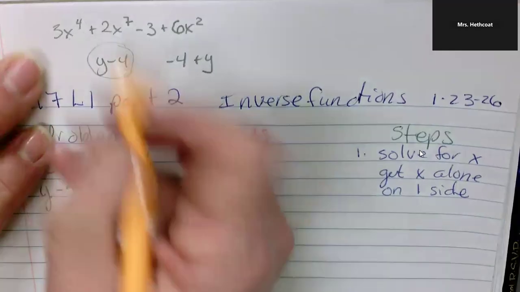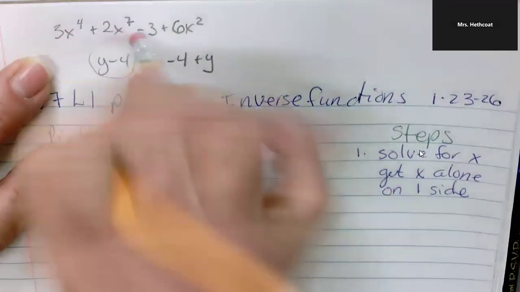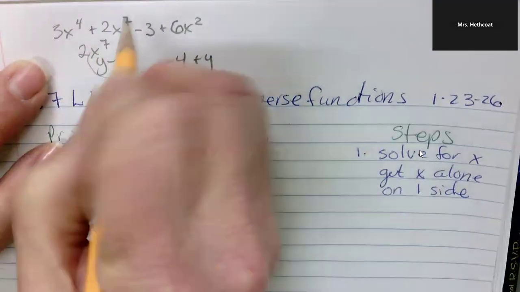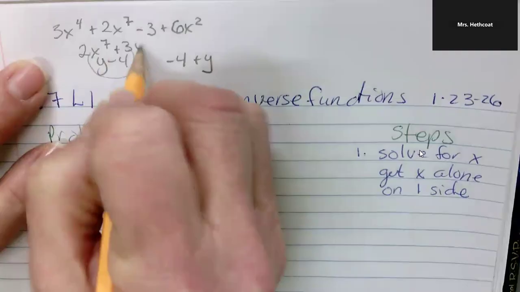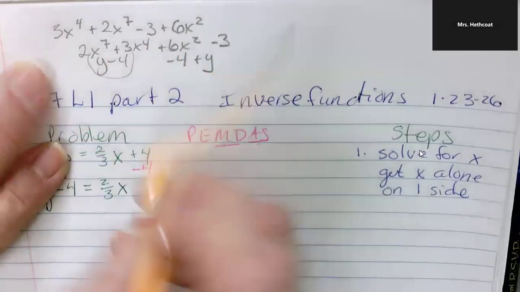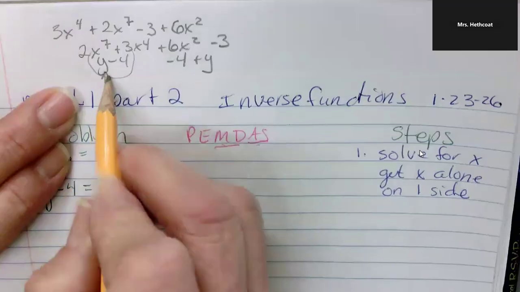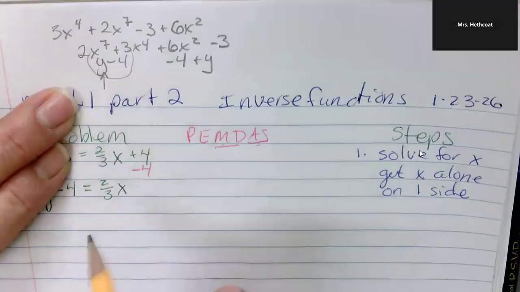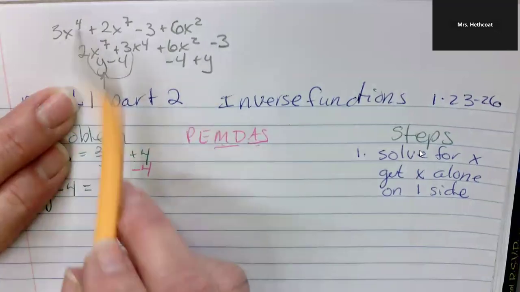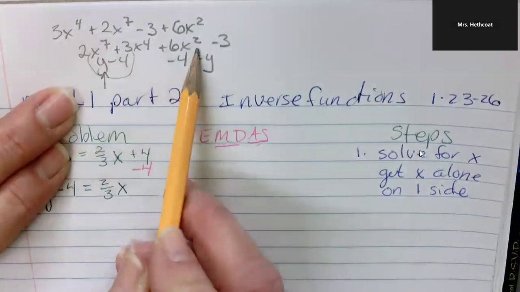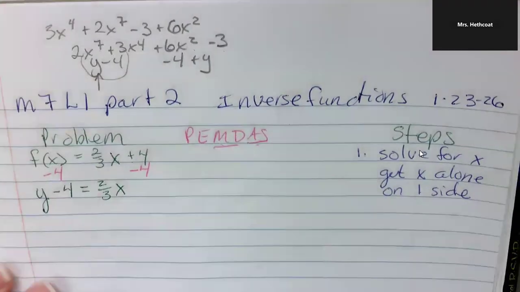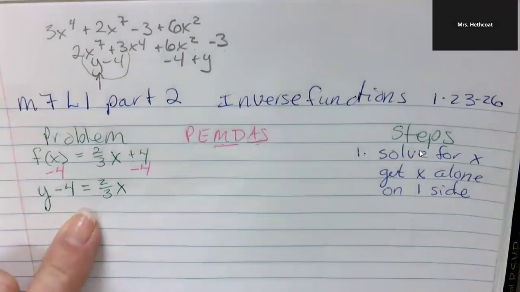So putting those in order would make this 2x to the 7th plus 3x to the 4th plus 6x squared minus 3. That is why the y goes first and then the minus 4 goes second, because we do all of our variables first from highest exponent to least high exponent, and then the constant goes at the end. All right, so we've got y minus 4 equals 2/3 x.